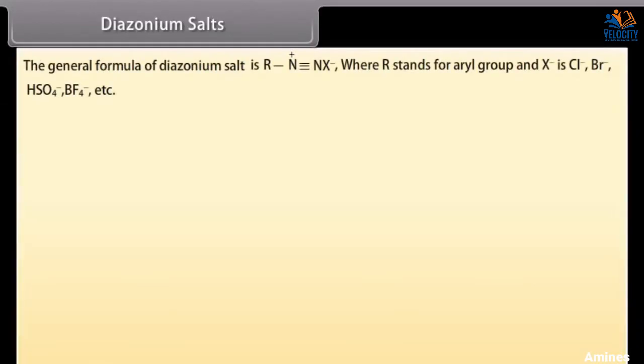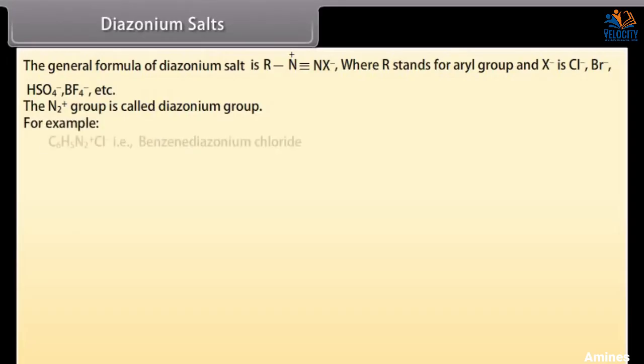Diazonium salts. The general formula of diazonium salt is RN2+X−, where R stands for aryl group and X− is chloride ion, bromide ion, hydrogen sulfate ion, or tetrafluoroborate ion. The N2+ group is called diazonium group.